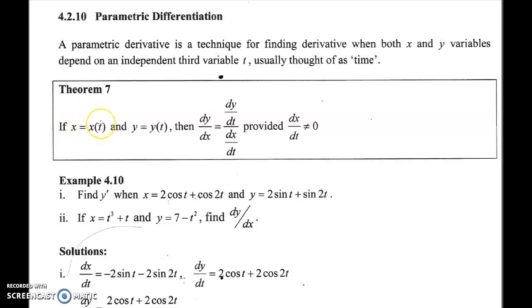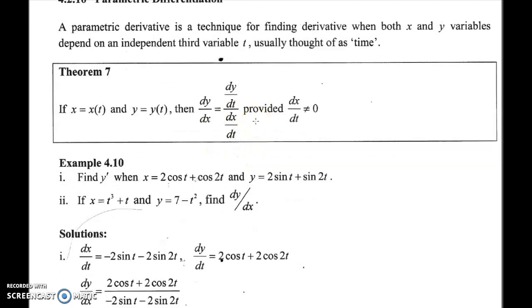We need to change it back so that the function becomes t in terms of x. It is sometimes not possible for certain functions, so that is why we do it like this.